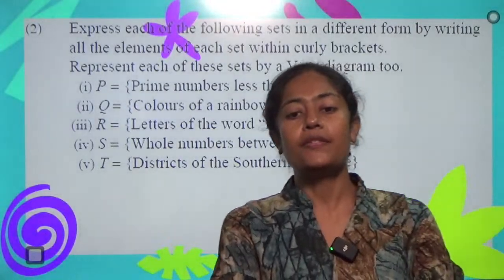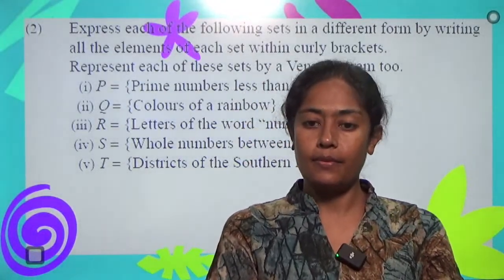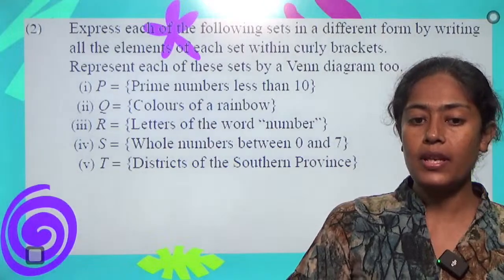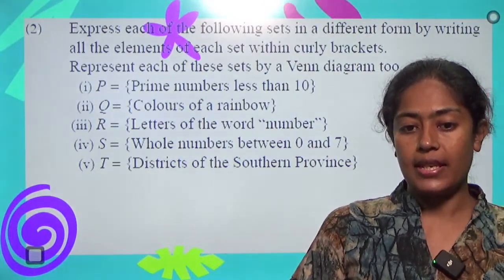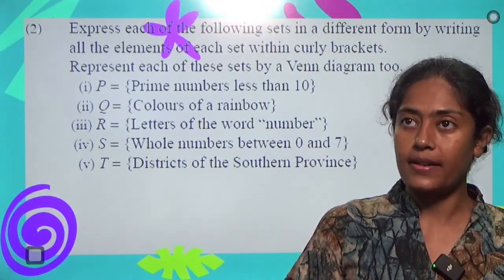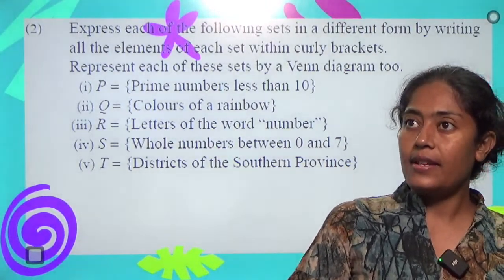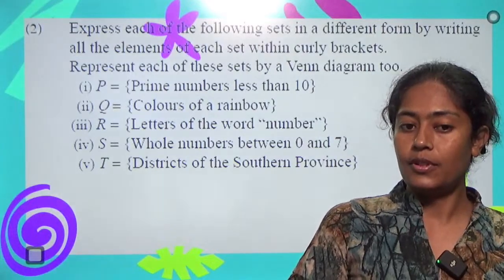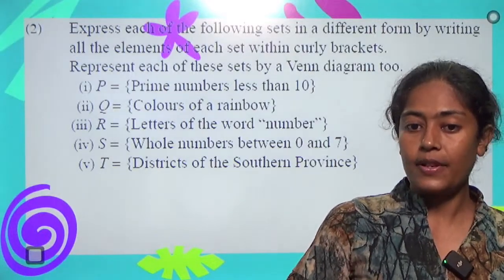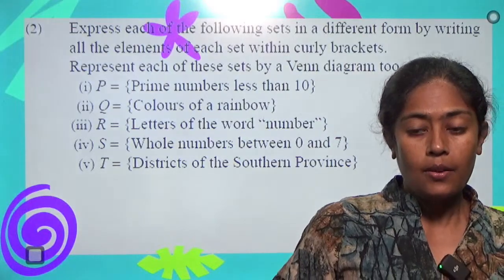Express each of the following sets in a different form by writing all the elements of each set within curly brackets. Represent each of these sets by a Venn diagram too.